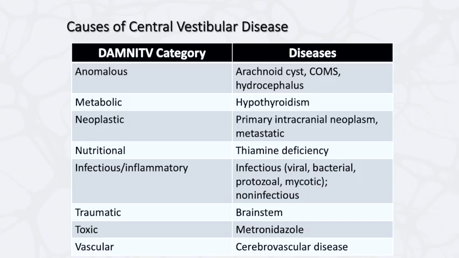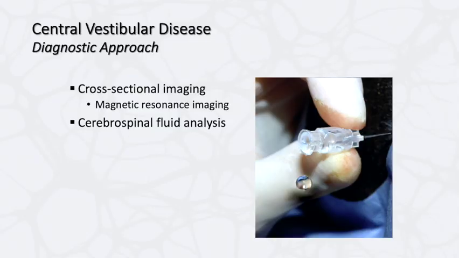As far as central vestibular disease, I'll pause here so you can look at the list, and we'll go through this in a little bit more detail for some of the more common ones. Again, starting out with the diagnostic approach, MRI is going to be recommended anytime we localize a patient with central vestibular disease, and sometimes we'll also do cerebrospinal fluid analysis afterwards, depending on what we find on the MRI.